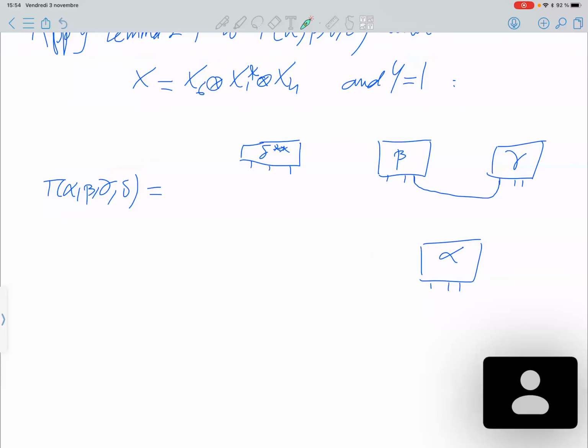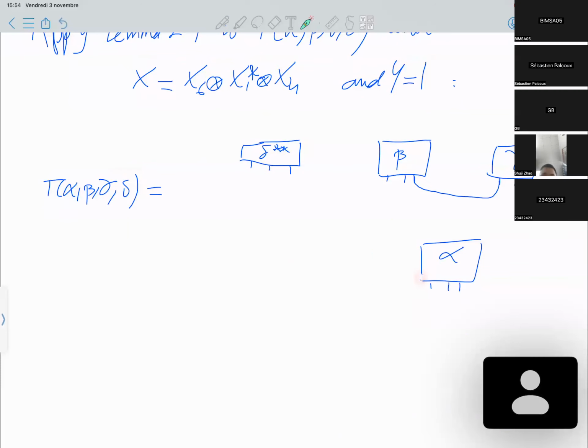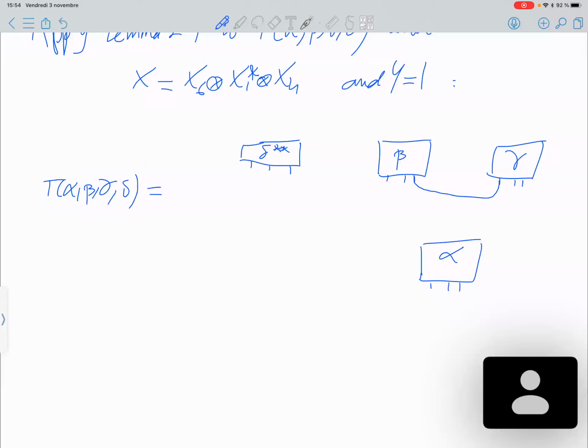So now delta is on the other side. It was connected to delta like that, but now delta moves here, so you get something like that.